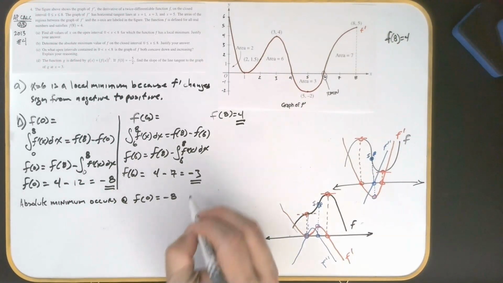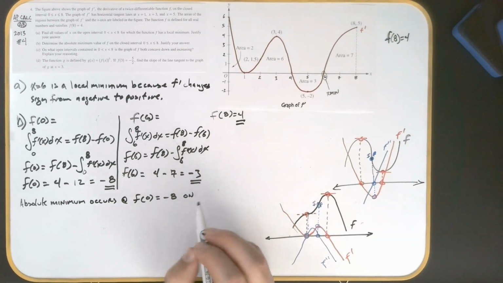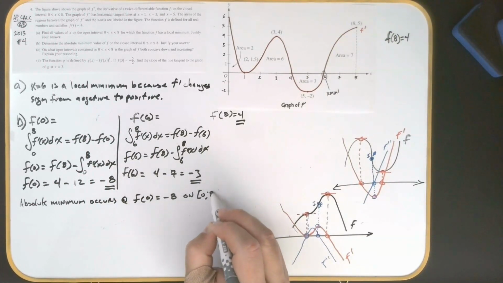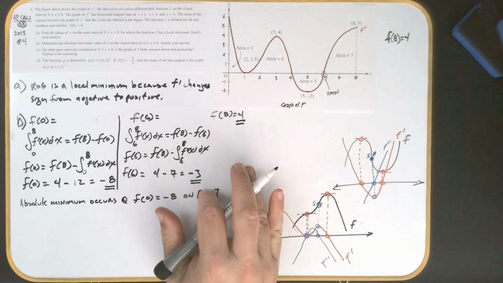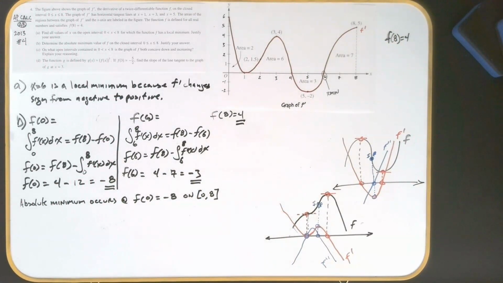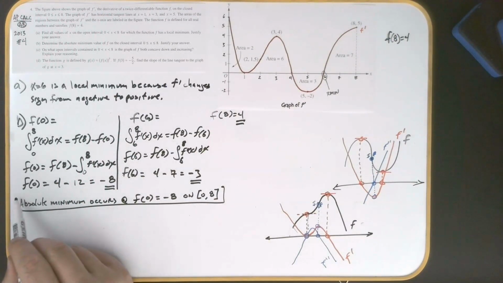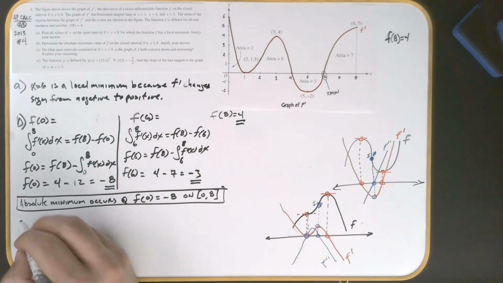And that's okay to put that on, and we could say the interval 0 to 8. Okay, 0 to 8, closed interval. Okay, now you could just say negatives at negative 8. The absolute minimum occurs at f of 0 equals negative 8 on 0 to 8. Got it. Okay, so that was 3 points. And there it is. Let's move on to C.